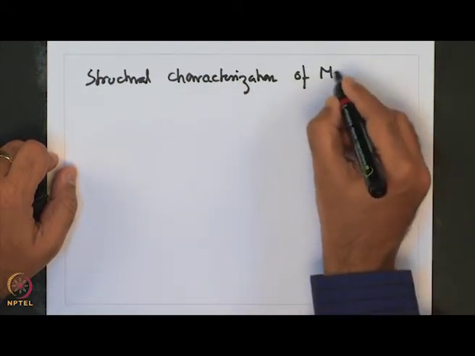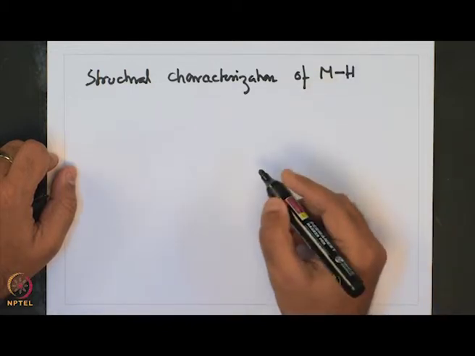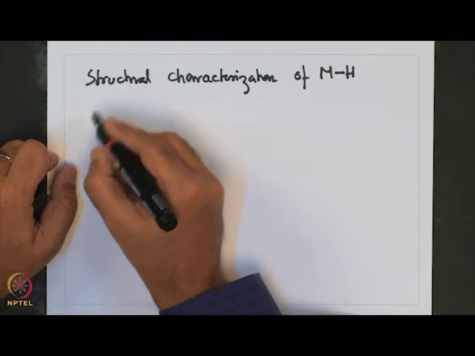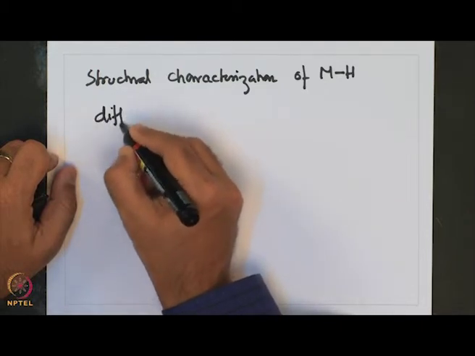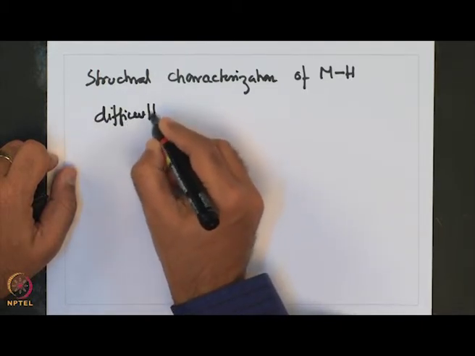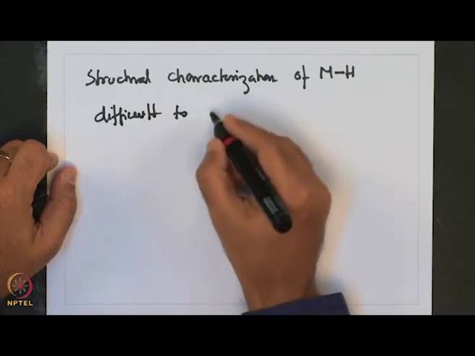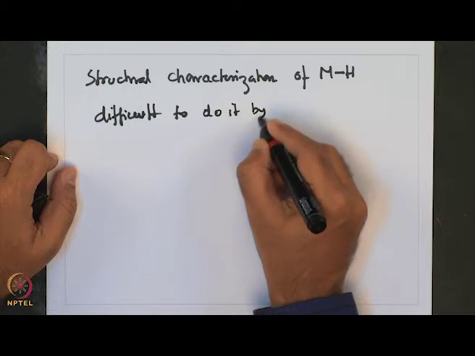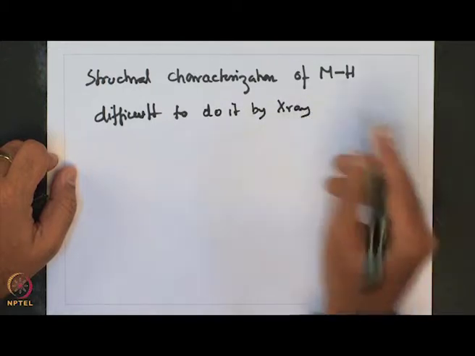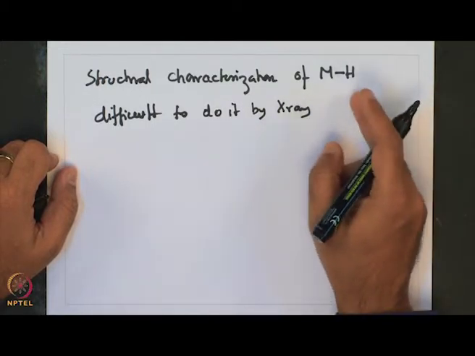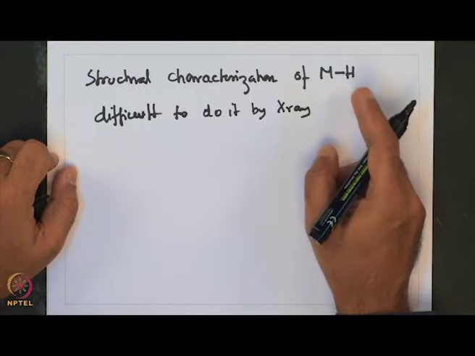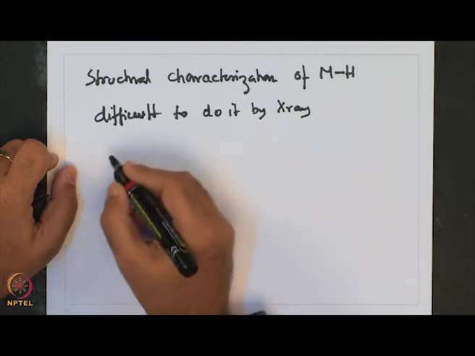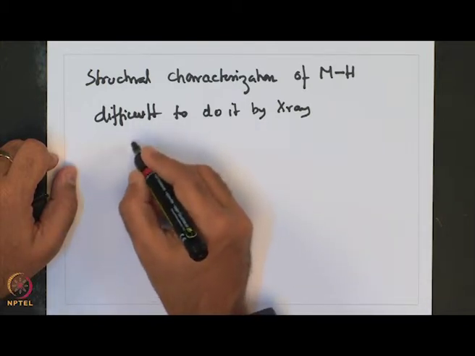of the metal hydride moiety, and it is difficult to do it by X-ray, because of the heavy atom present next to a very small hydrogen which scatters very little, and then neutron diffraction is more favorable.